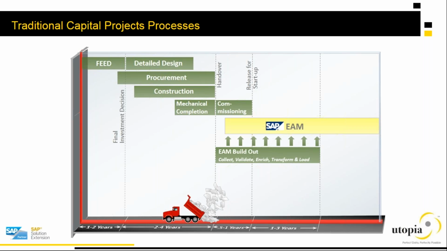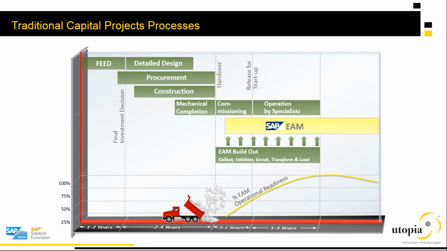The challenge with that is that traditionally, in this type of situation, the build out of your EAM specific data happens at that dump truck handover. It's only then that you're able to collect, validate, enrich, transform, and load that data into your SAP operating system. Ultimately, right, this does impact operational readiness.